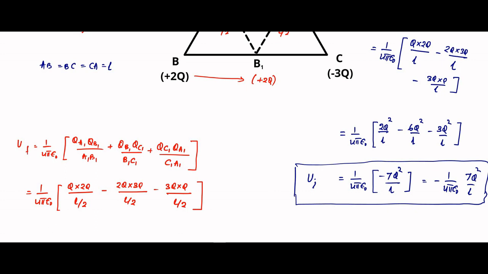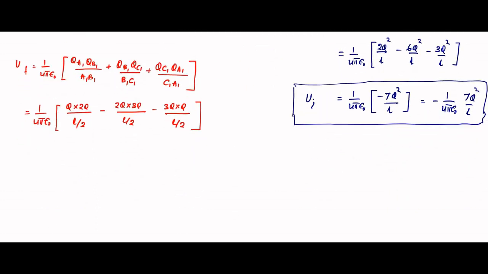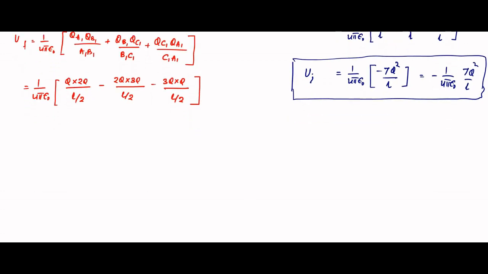Again that becomes 1 by 4 pi epsilon 0 times 2q square by l by 2 minus 6q square by l by 2 minus 3q square by l by 2.